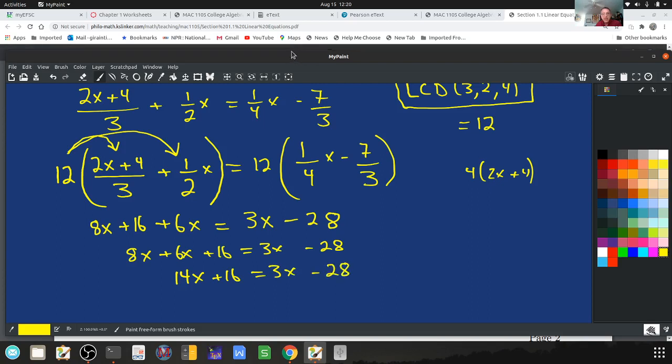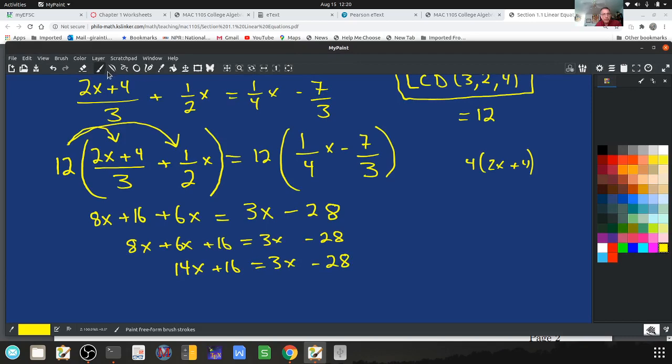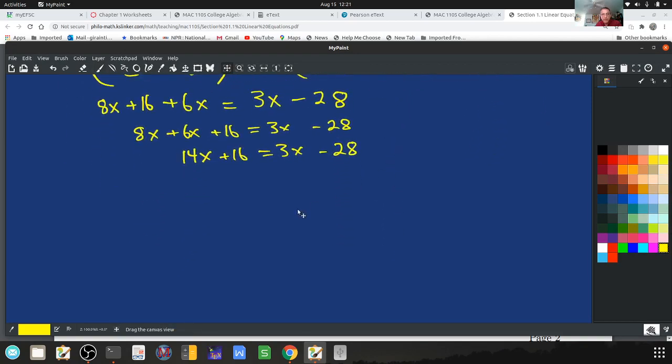Now I'm going to do something slightly different from what I did before. I'm going to say, okay, I want to move the 16 over here, and I want to move the 3x over here. Well, the 14x is going to stay.